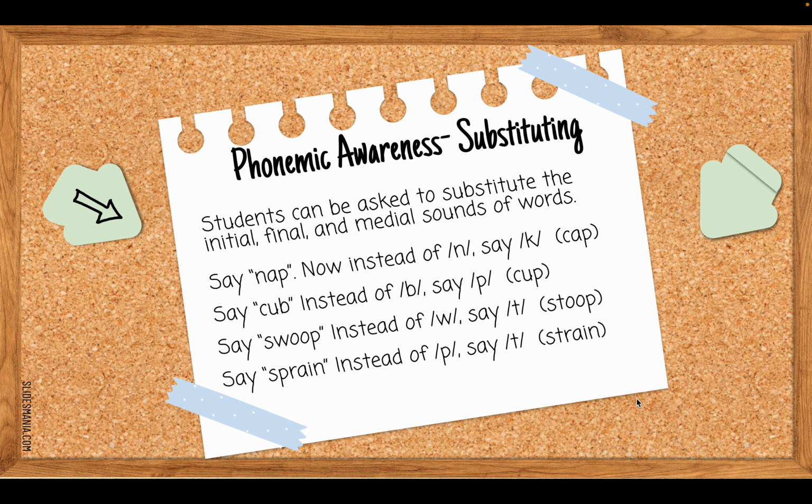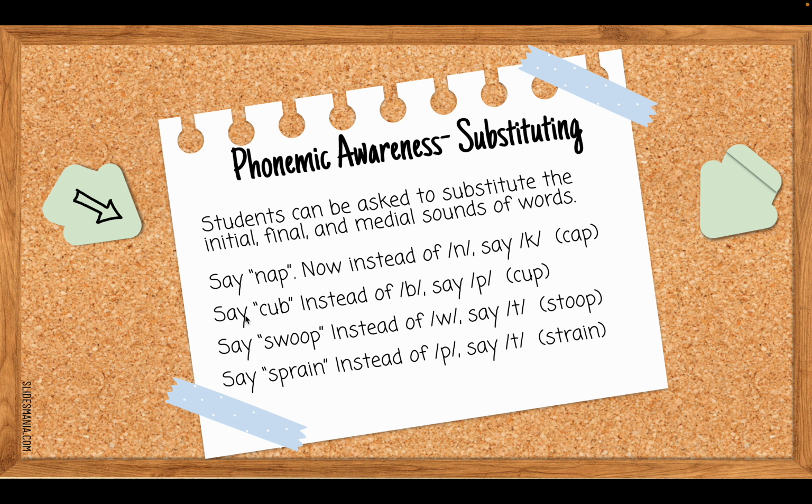All right, and then finally, with some of the phoneme manipulation, we have substituting, where students would be asked to substitute an initial, a final, or even a medial sound of the word. So say nap. Now instead of n, say k, cap. Right? So this is definitely a lot more complex. You might even have caught yourself thinking through that.